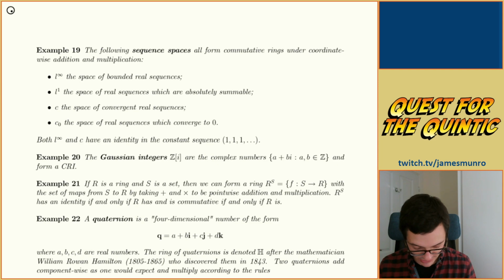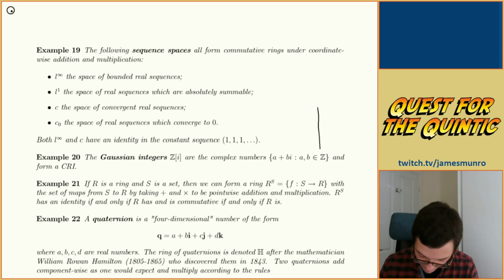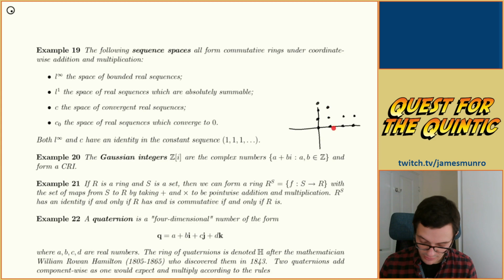These are complex numbers. This is a great example, I think. So A and B are whole numbers. The kind of mental image is that these form a kind of grid. 1, 2, 3, i, 2i, 3i, 1 plus i, 2 plus i, 3 plus i, 1 plus 2i, but what am I doing?